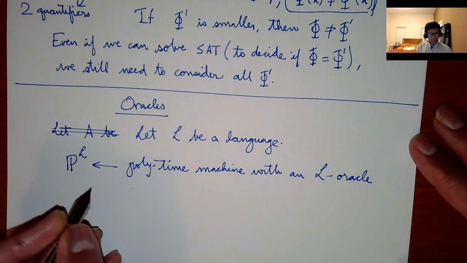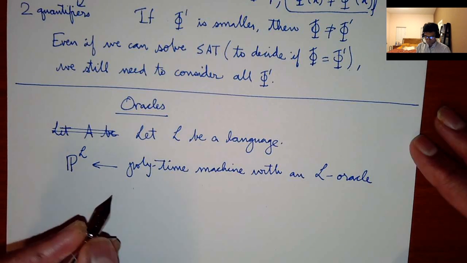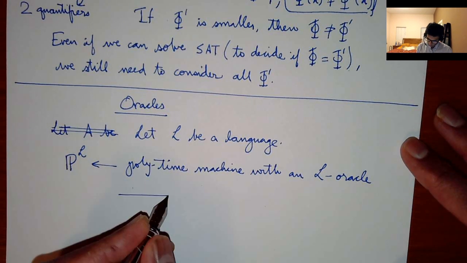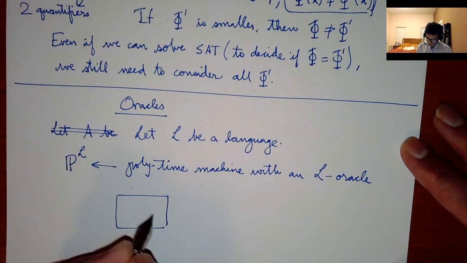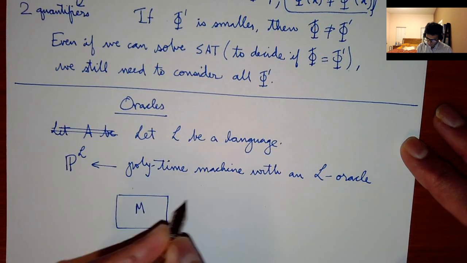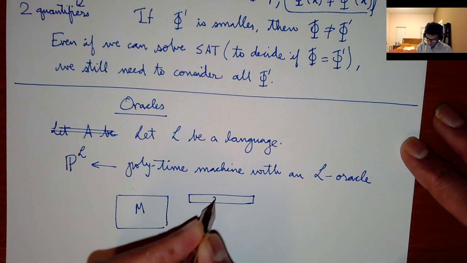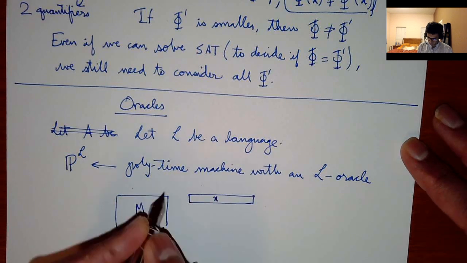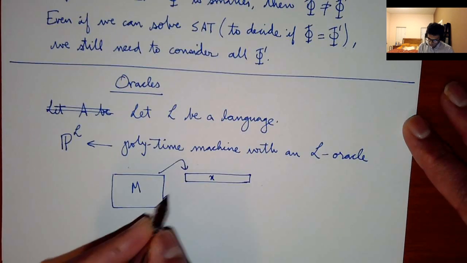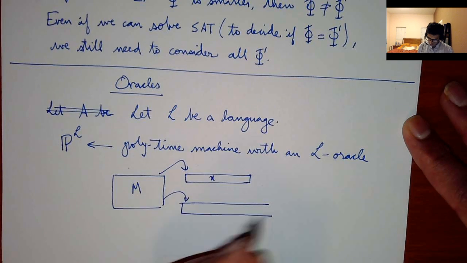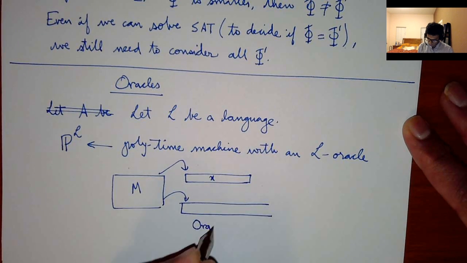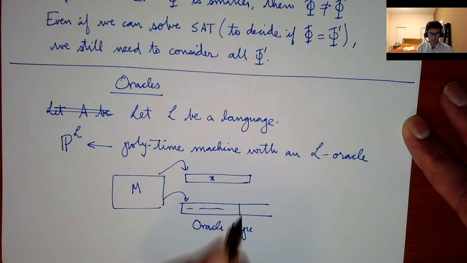So what this really means, here's the way to think about it. Here's your machine M. Here's the input X. What it also has is something called the oracle tape. So it can go ahead and write down something here.